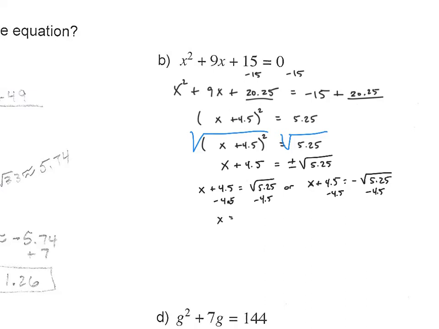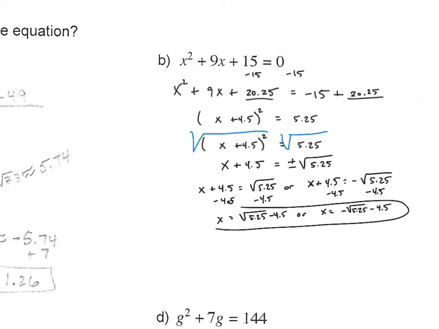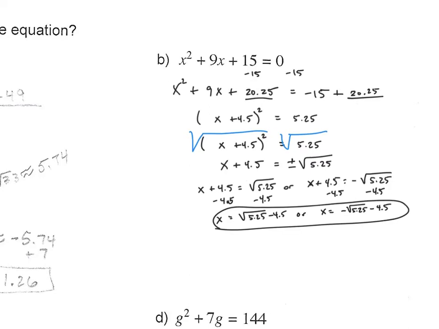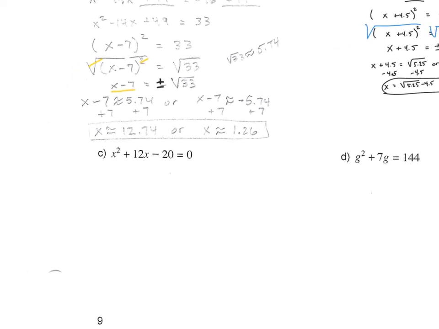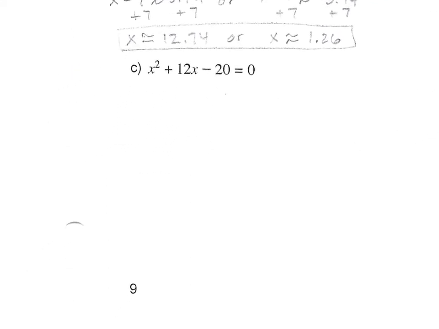And x is going to be equal to the square root of 5.25 minus 4.5, or x is equal to negative square root of 5.25 minus 4.5. If we needed to later on, we could work out that decimal, but right now we can just leave it as a radical.